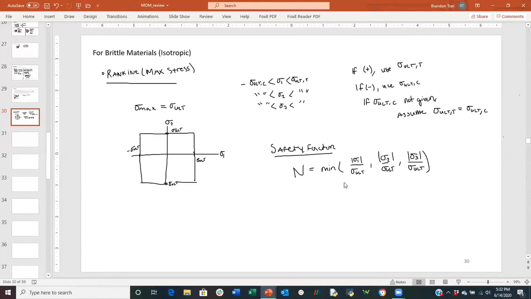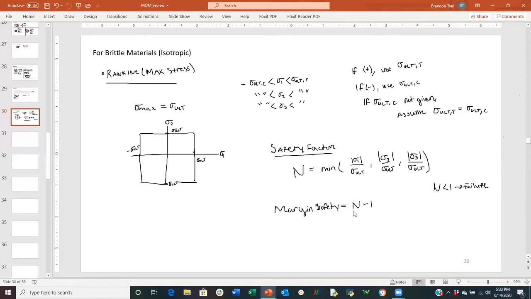Now, people in industry might not be familiar with safety factor. They use something else. It's called margin of safety. For safety factor, by the way, if the number you get is less than 1, that's basically failure. Okay, margin of safety is basically the same thing as safety factor, where it's basically the safety factor N minus 1.